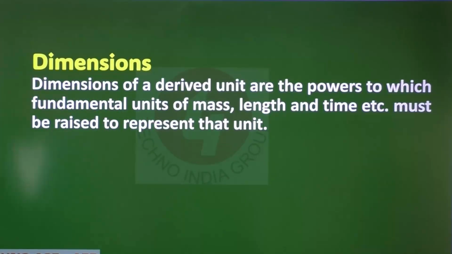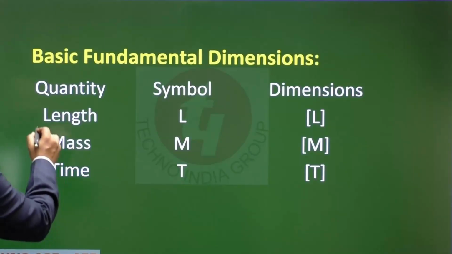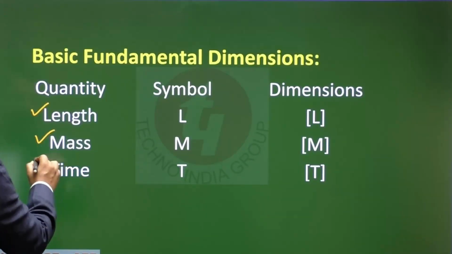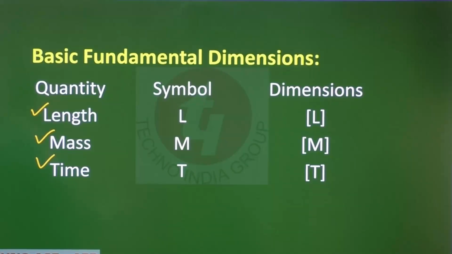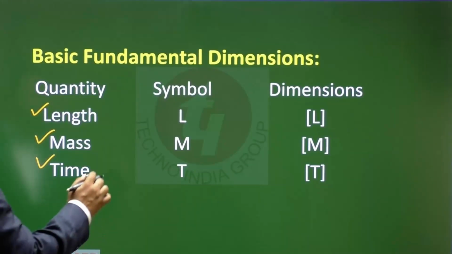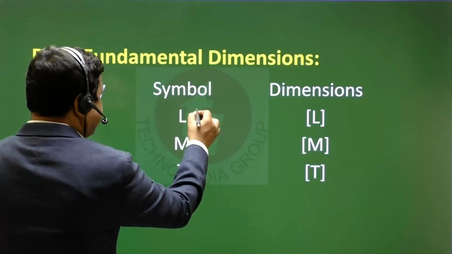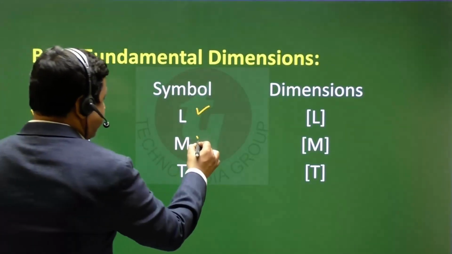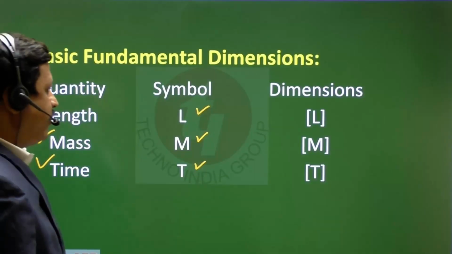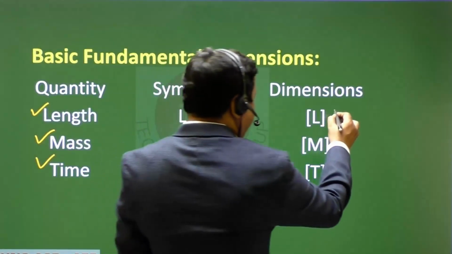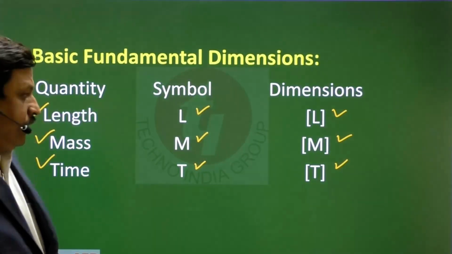Basically we can use only three quantities, length, mass and time. Length is symbolically represented as L, mass by capital M and time by capital T. So dimensions are L, M and T, okay?